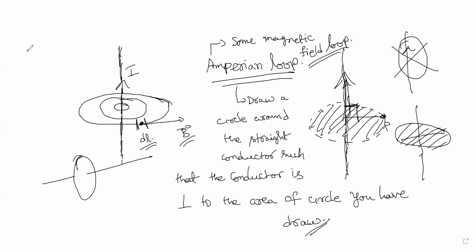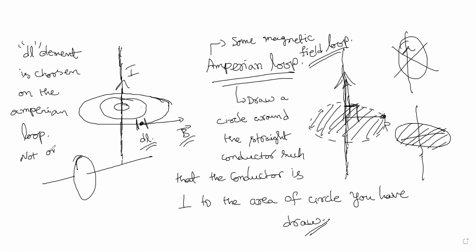So the next point is that the element dl is chosen on the loop, on the Amperian loop. Not on the conductor, most important.